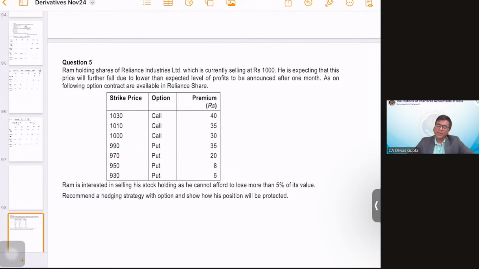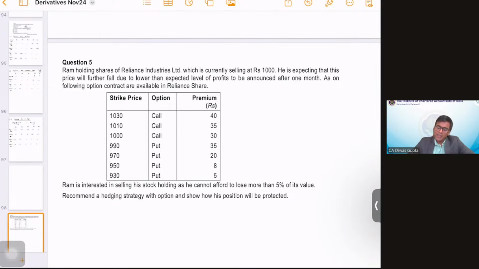Ram, holding shares of Reliance Industries Limited, which is currently selling at rupees 1000, is expecting that this price will further fall due to lower than expected profits to be announced after 1 month. The following option contracts are available in Reliance shares.